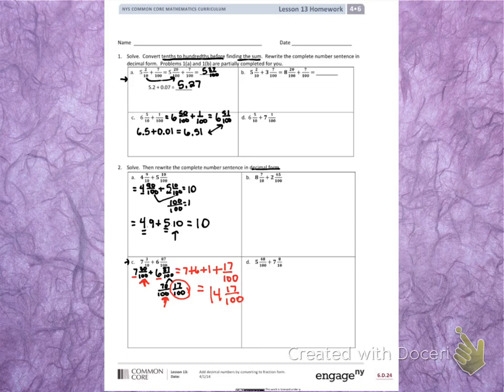So now let's go ahead and show the decimal version of this. I'm going to do that down here. This is the decimal version. Let's go ahead and go back to black. So 7 and 3 tenths is 7 and 3 tenths. Add that with 6 and 87 hundredths.